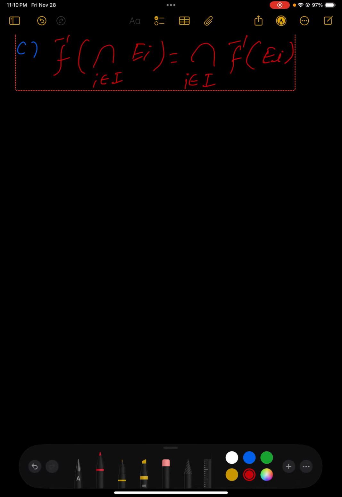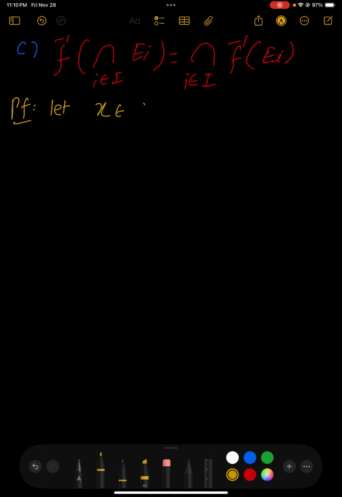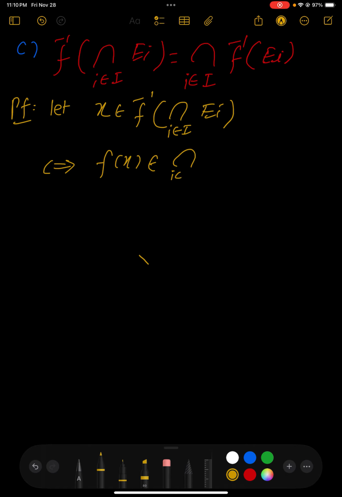So for the proof, we will again assume that x belongs to f inverse of the intersection over i belonging to I of ei. We need to show that x belongs to the intersection of the f inverse of ei. The inclusion will go both ways. So this means that f of x belongs to the intersection over i belonging to I of ei.